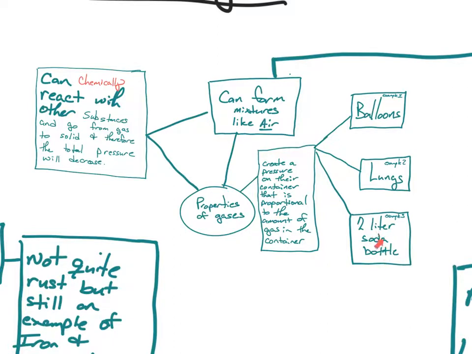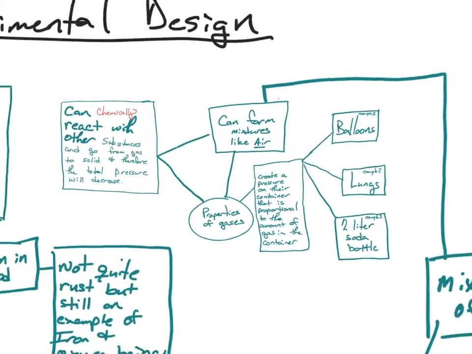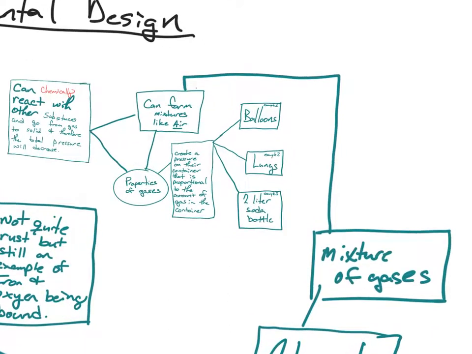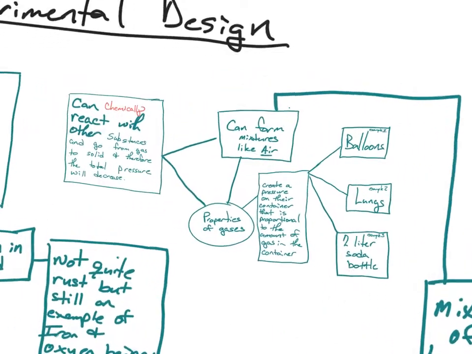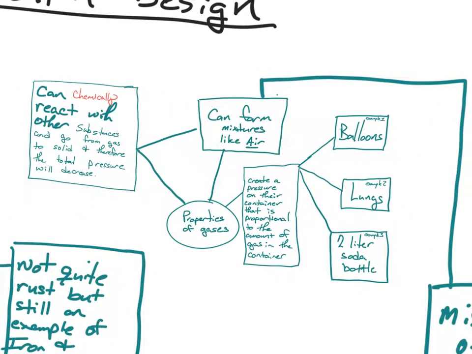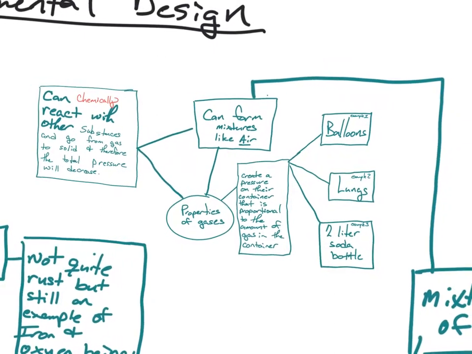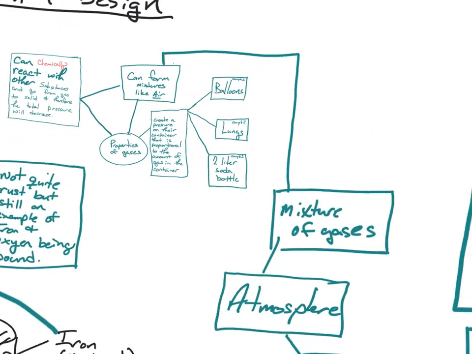You see that the bottle has less pressure. It's not as firm. You've experienced that. So we talked about that because that's going to allow us to design our experiment, but we could not design our experiment unless we understood these facts as listed here and thought about these examples.